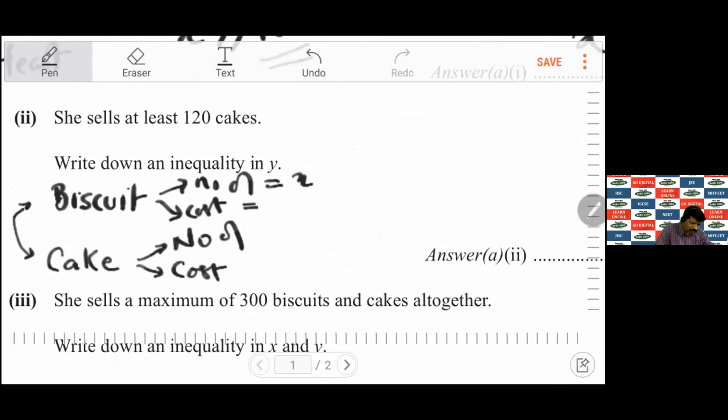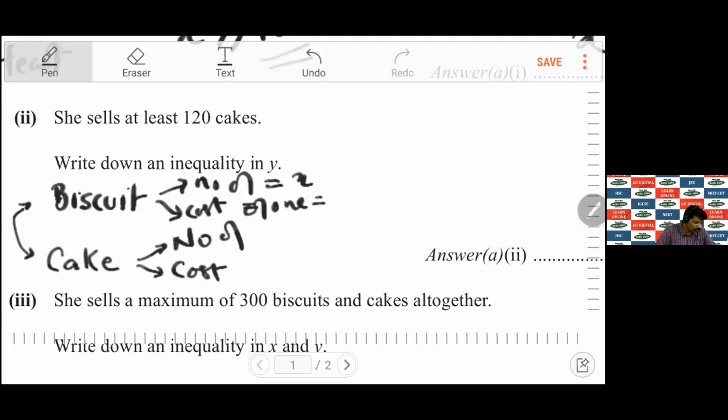And what is the cost of a biscuit? If you buy 10 biscuits, the cost will not be 10. It is always the cost of one biscuit, or one packet of biscuits.